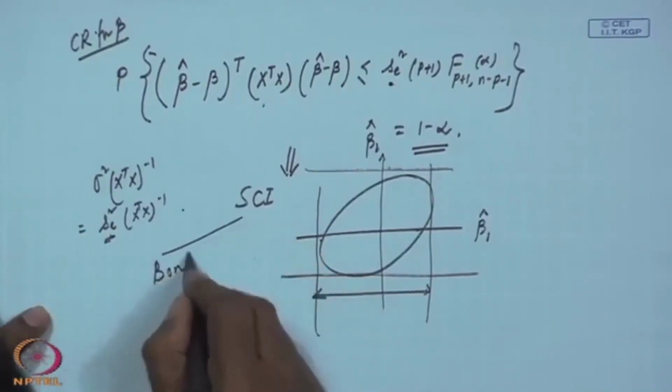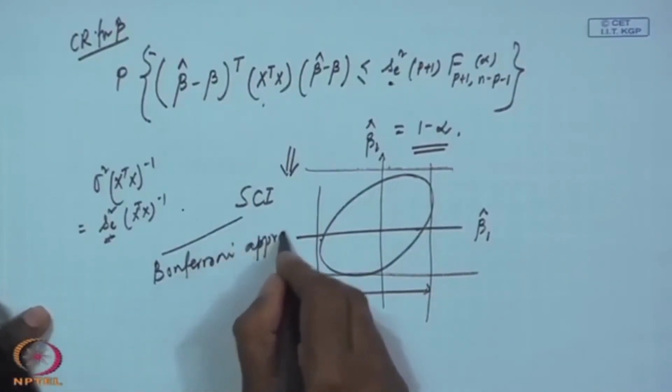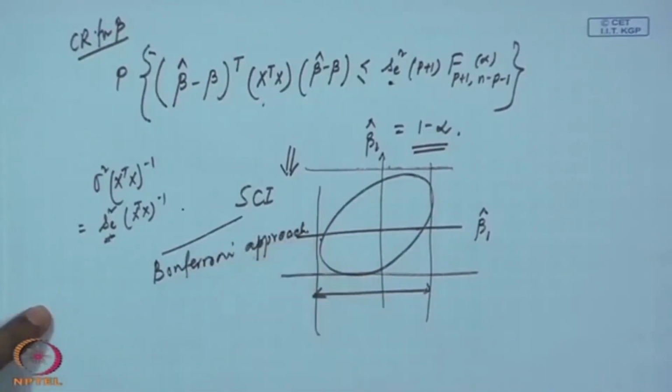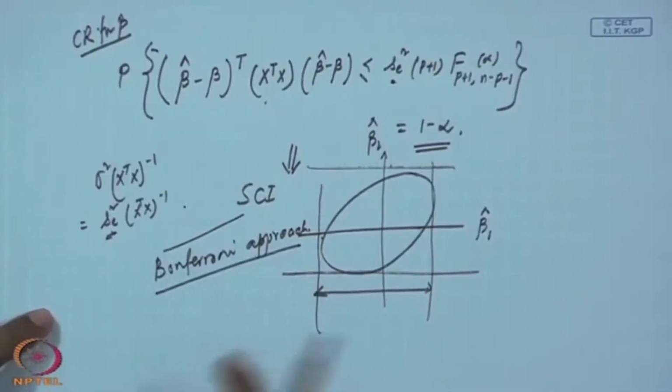So, for simultaneous confidence interval I think we have seen two approaches, one of them is the Bonferroni approach. This Bonferroni approach is easier for us and it gives good results also. So, we can use the Bonferroni approach.